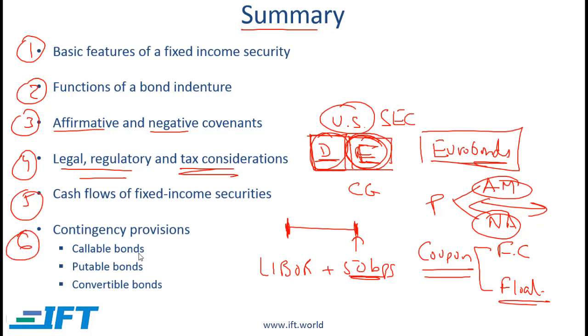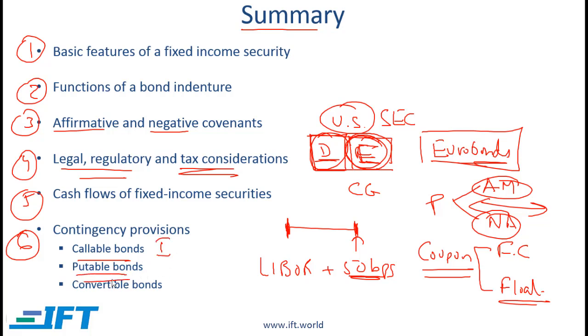And finally, we talked about contingency provisions. These are embedded options. A callable bond is a bond where the issuer has the option to call the bond back at a certain price before the bond expires or before the bond matures. This is good for the issuer.